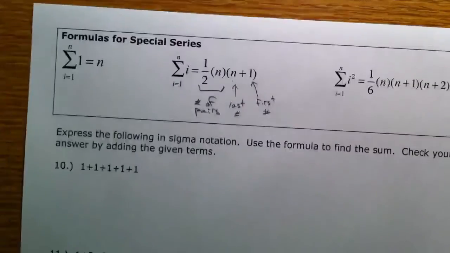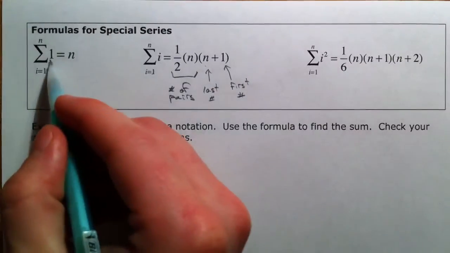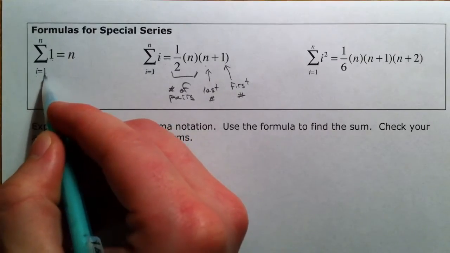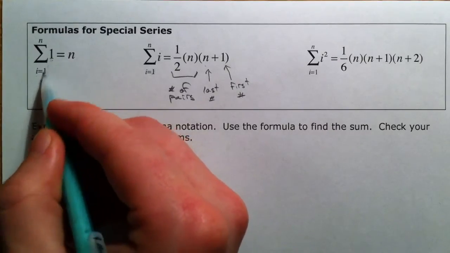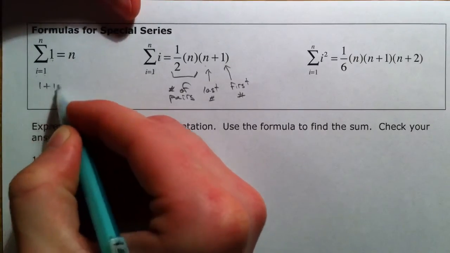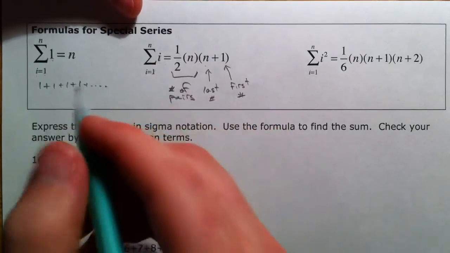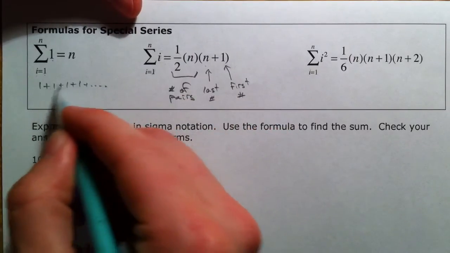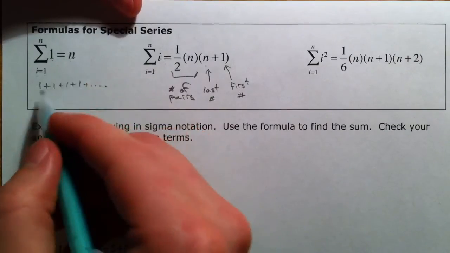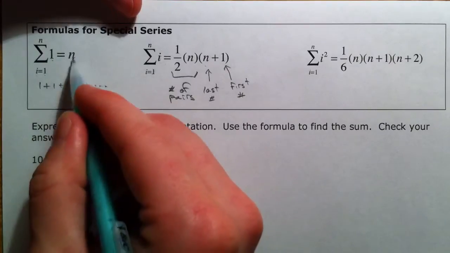If we kept adding the same number over and over again, in this case if we kept adding 1, and notice if you take i and start at 1 and you plug in 1, 2, 3, there's nothing to plug it into, and so this is really just going to be 1 plus 1 plus 1 plus 1, very boring, n times. And so if you add 1 n amount of times, the total is going to be n. If you add it 4 times, it's going to be 4. If you add it up to 5, it'll be 5.